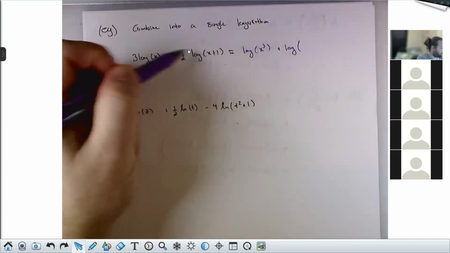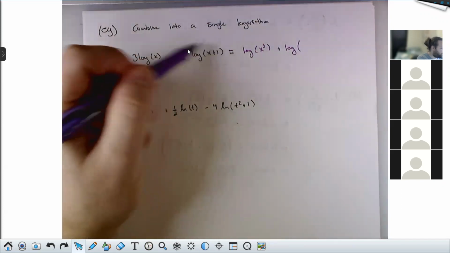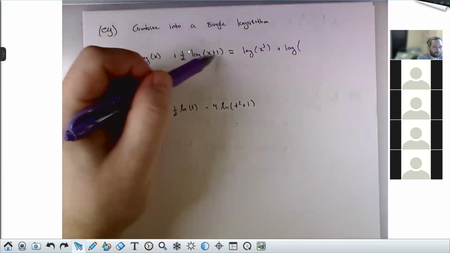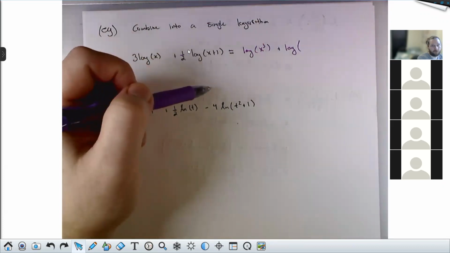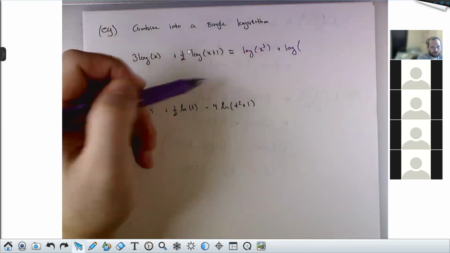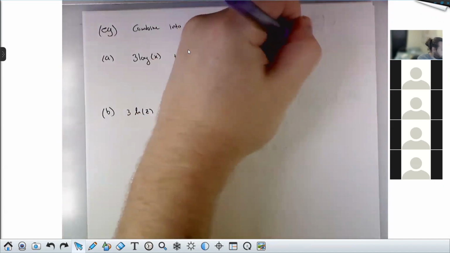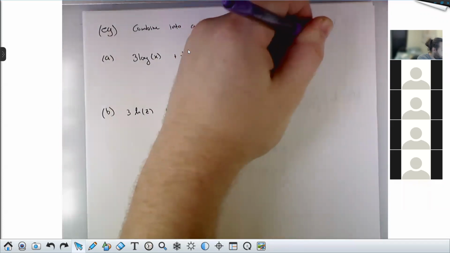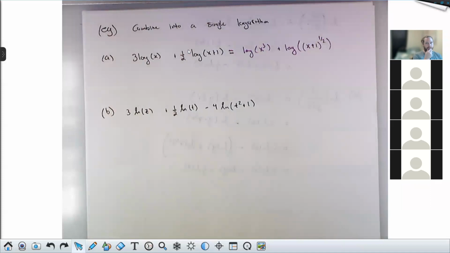It's not just the x that's getting raised to the 1/2. It's not just the 1 that's getting raised to the 1/2. And it's not those two things separately getting raised to the 1/2. It's the whole thing, x plus 1 as a chunk that's getting raised to the 1/2. So this would be paren x plus 1 to the 1/2 like this.